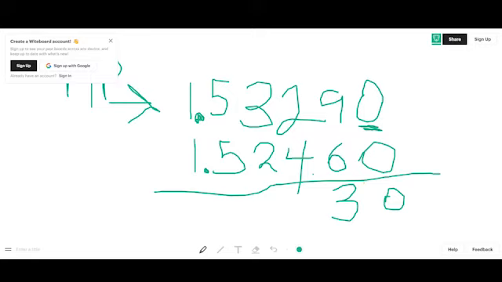So 9 minus 6, you have 3. If we take out 2 from 4, we have 2. If we take out 2 from 3, we have 1. If we take out this, we have 0. Then the decimal point, then 0.